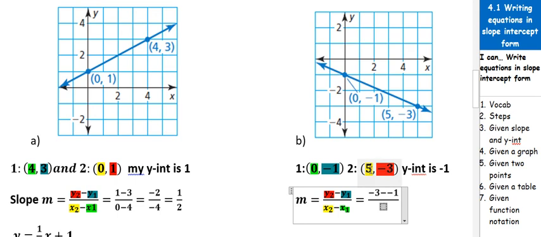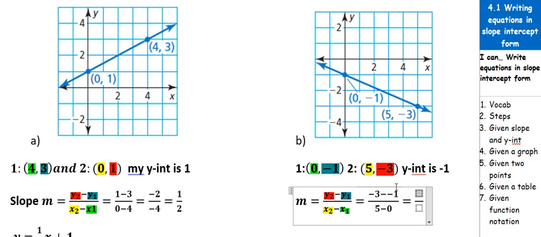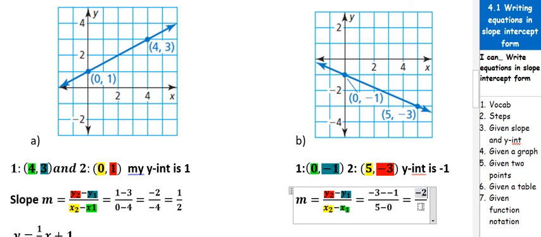X2 is 5, so I have 5 minus 0. -3 minus a negative just means plus, so this turns into -3 plus 1, which is -2. 5 minus 0 is just 5.